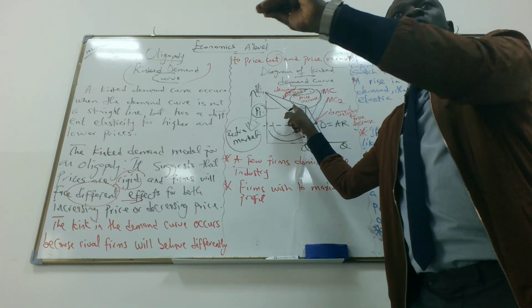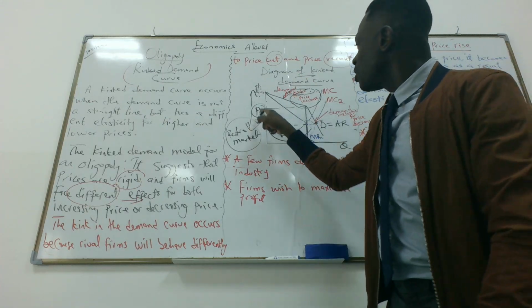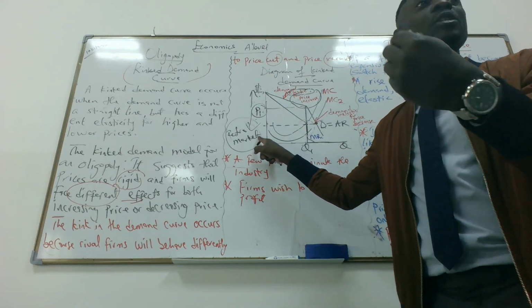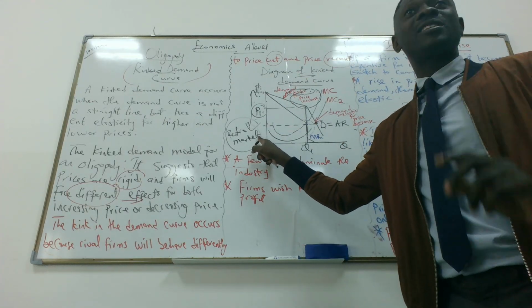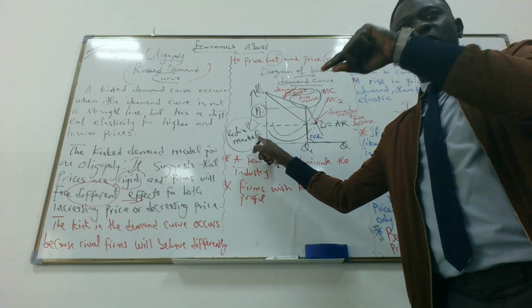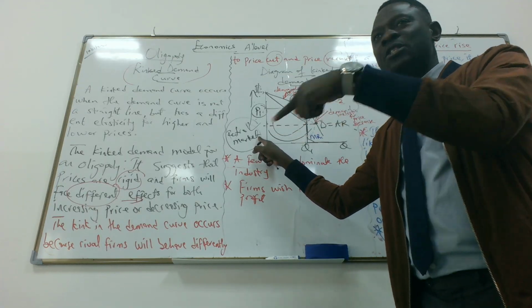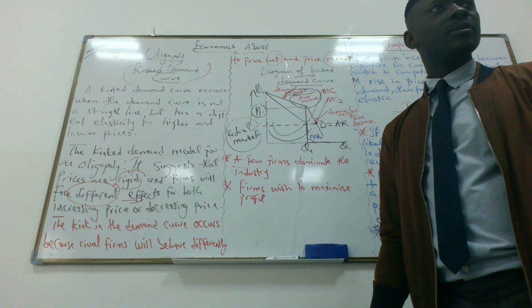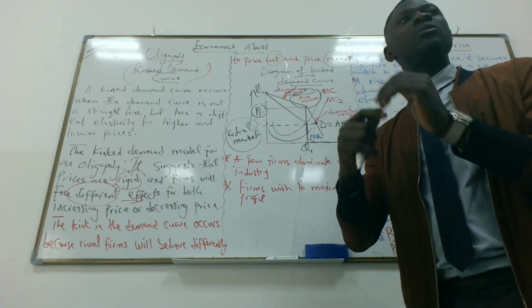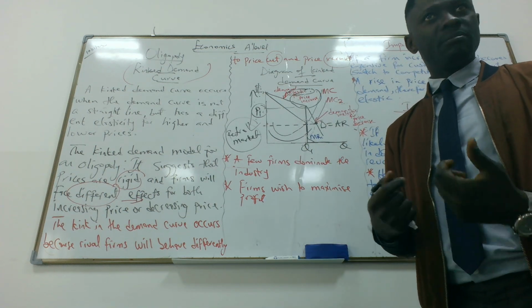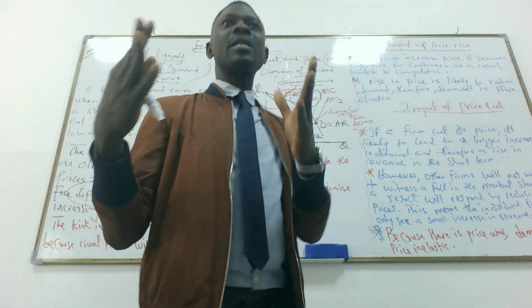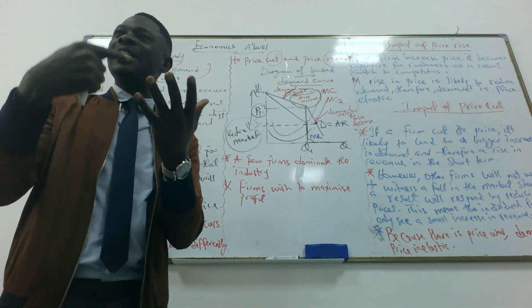No one is forcing you to increase the price. But here you reduce the price. It is not expected to be straight anymore. It will be kinked, because your competitors will start reducing their own prices too. Then at that point in time, your revenue would reduce. Is it clear?